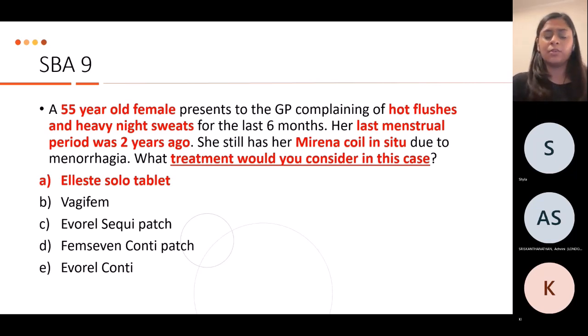If she had a hysterectomy, or in this case, if she's got a Mirena, you've already got progestogen in place, or you wouldn't need progestogen because you've got no uterus, and therefore your risk of endometrial hyperplasia or even endometrial cancer is low. And so you only really need something that would act as an estrogen. Vagifem is an estrogen-only option, but it's only a local treatment. You usually just put it in the vagina, and it's used to treat atrophic vaginitis, which is quite a common symptom.